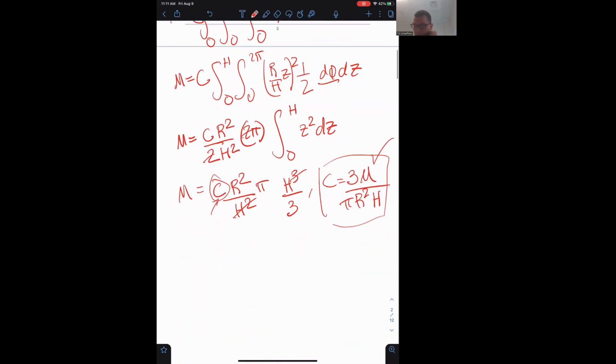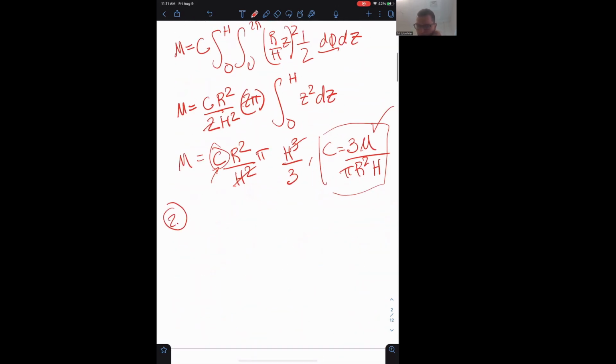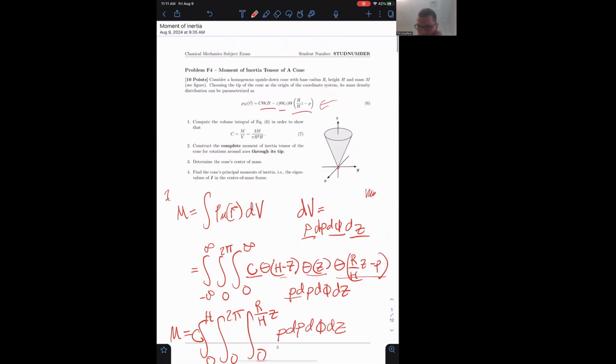Okay, so the second part, which is a lot harder than the first part, is computing the complete moment of inertia tensor of the cone for rotations around axes through the tip.